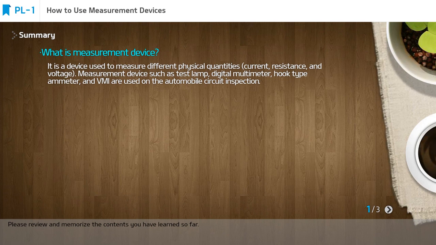Please review and memorize the contents you have learned so far.